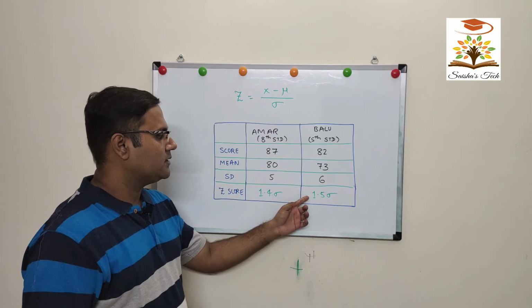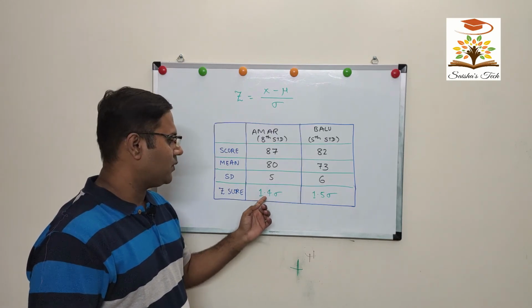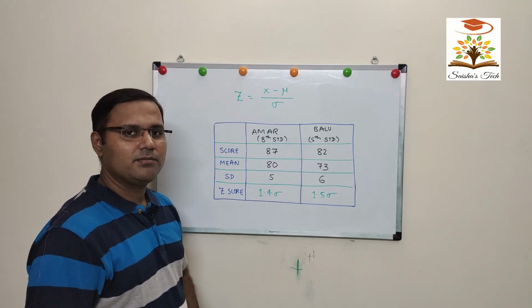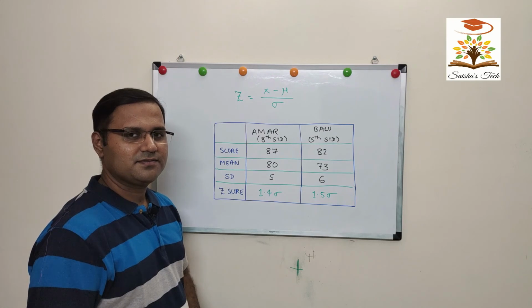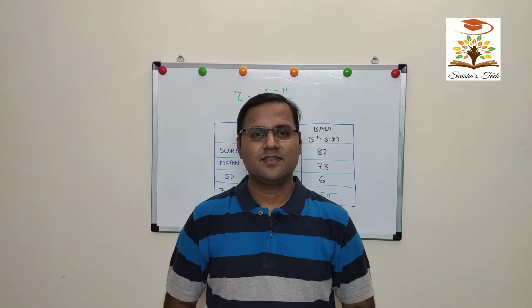As Balu is farther from the mean, at 1.5 compared to Amar, Balu, who is the younger brother, is performing better in the class. This is how we can compare two data sets of different standard deviation and mean and conclude the analysis. These are some of the statistical concepts of coefficient of variation and standard score.